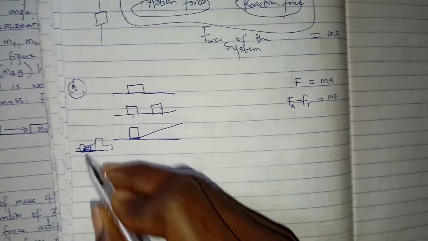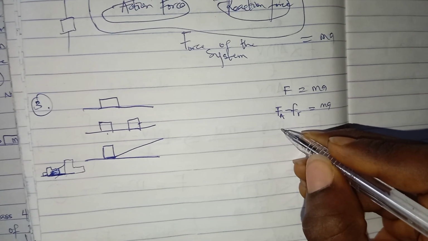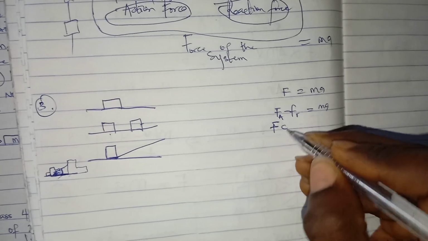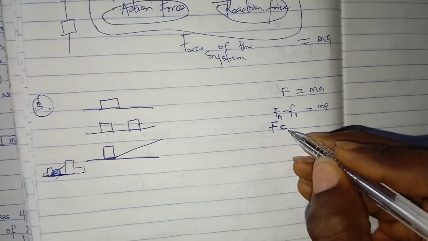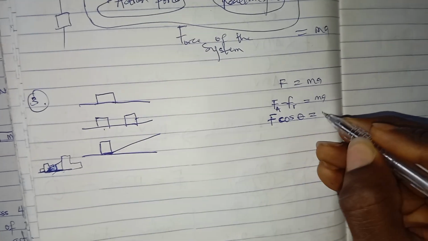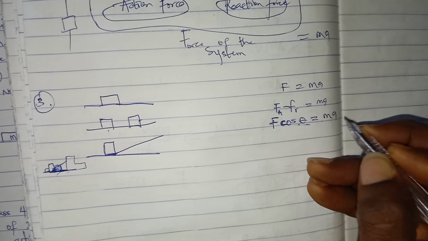So force at an angle. So whenever you hear it is inclined, if a body is pulled or a force is applied to a body at an angle, it becomes the force applied to an angle to the horizontal. You know that x-axis we normally say make use of cos theta. Cos theta is equals to MA. The force applied at an angle theta is equals to MA.